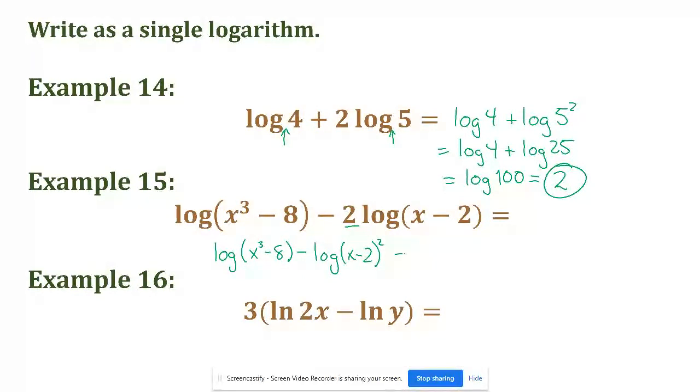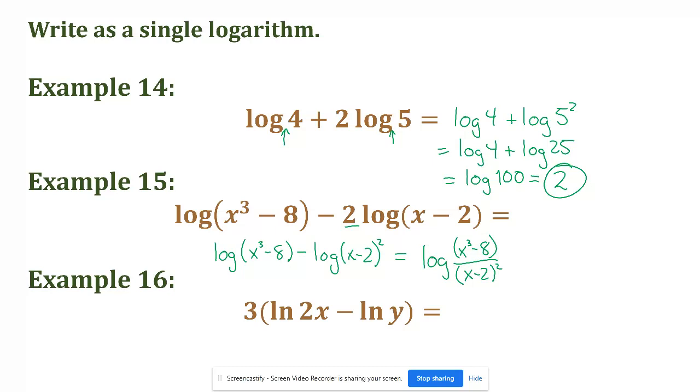Now I'm going to rewrite this using division because I know subtracting logs is the same as dividing within the log. So these are log base 10 again because I don't have the little number. So log of x cubed minus 8 over x minus 2 squared. So that looks like I might be done, but here's something we've got.